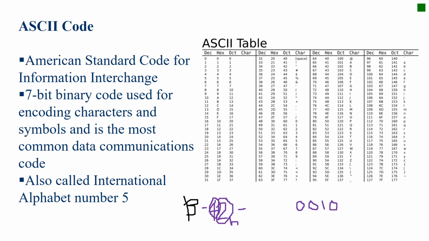So instead of converting 4 as a 4-bit binary number, we will just translate it as a 3-bit binary number. So 4 is translated as 100. So this is the ASCII code for character B. The ASCII code for character B is 1000010.